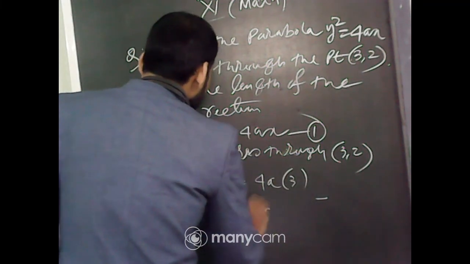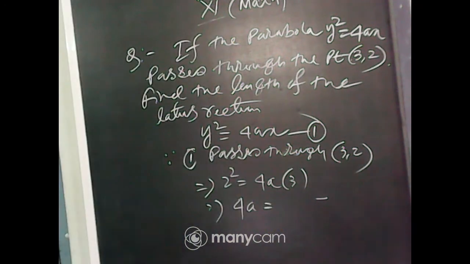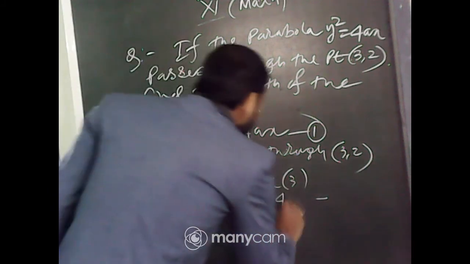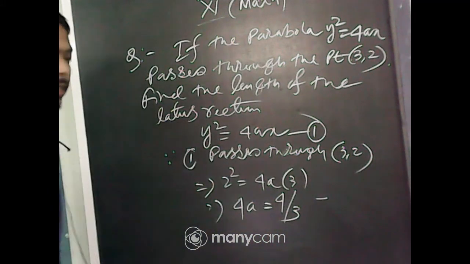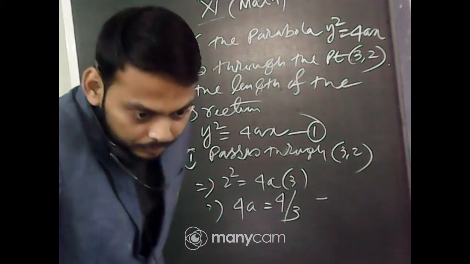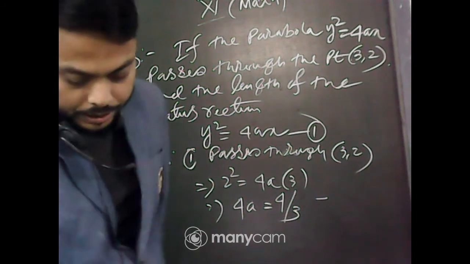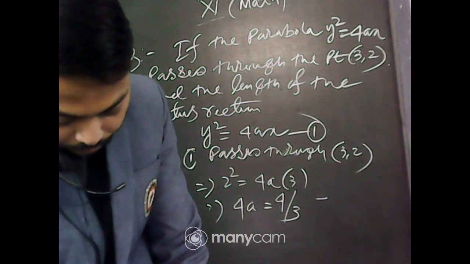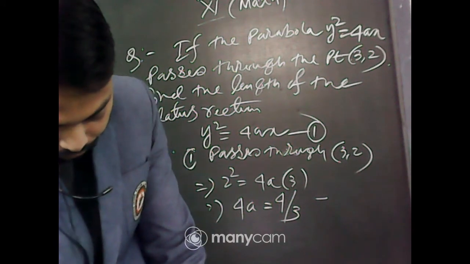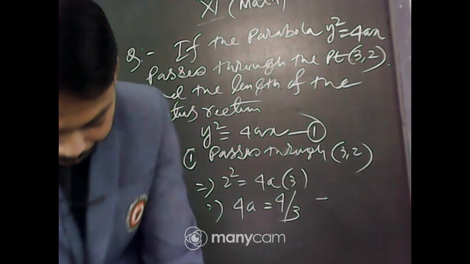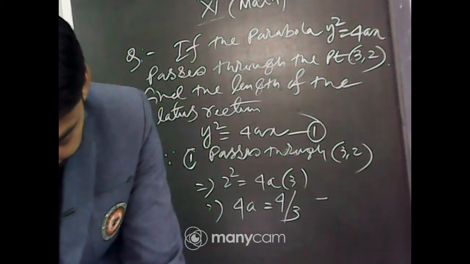So 4a means 4 by 3. Very good, Vishal. So what is the length of the latus rectum? 4 by 3. Very nice. 4 by 3 is the correct answer. Very good. Move on to the next one.